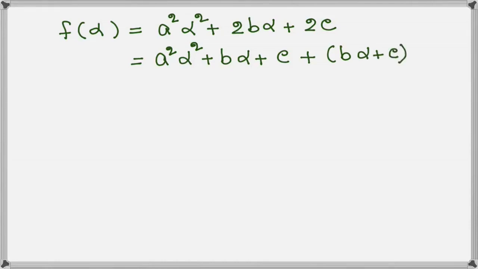Now note that a square alpha square plus b alpha plus c is equal to 0, as alpha is a solution of the first quadratic equation. So therefore f of alpha is equal to b alpha plus c.